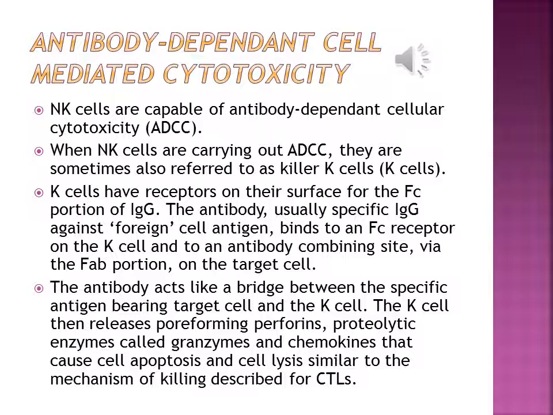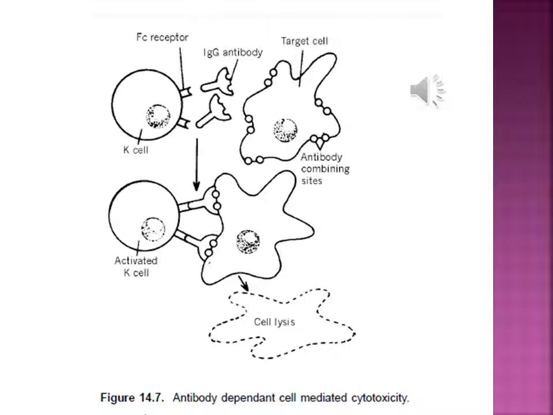The killer cell then releases perforin, proteolytic enzymes called granzymes, and chemokines that cause cell apoptosis and cell lysis, similar to the mechanism of killing described for cytotoxic T cells. Here we see the antibody-dependent cell-mediated cytotoxicity.